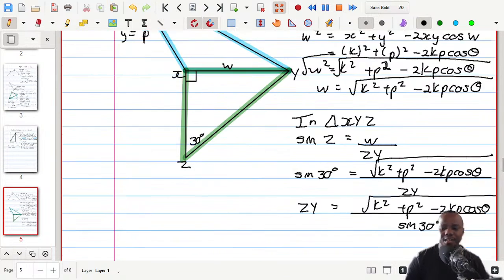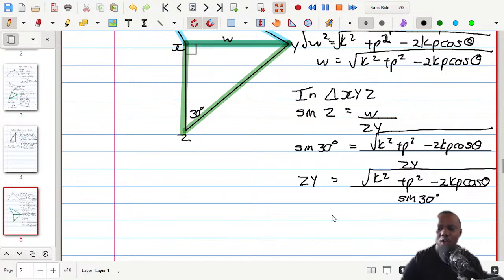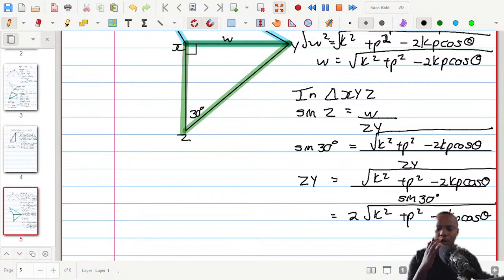Now sine of 30 degrees is a special angle, that's 1 over 2. So actually what's going to happen is this is going to be 2 times the square root of k squared plus p squared minus 2kp cos of theta. There we have it. We have calculated the value of ZY.